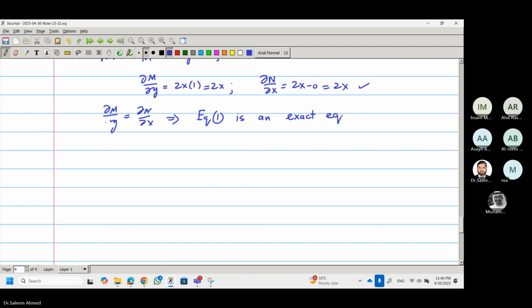Now, if it is an exact equation, step 2 is to find a function f(x,y) such that partial f by partial x is M, which is 2xy, and partial f by partial y is N, which is x square minus 1.